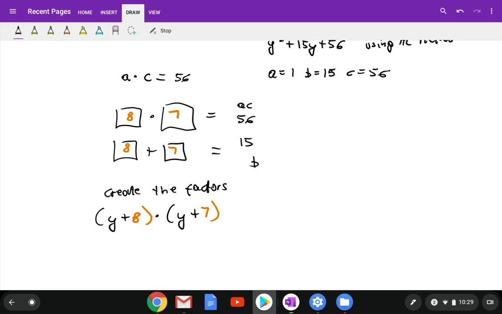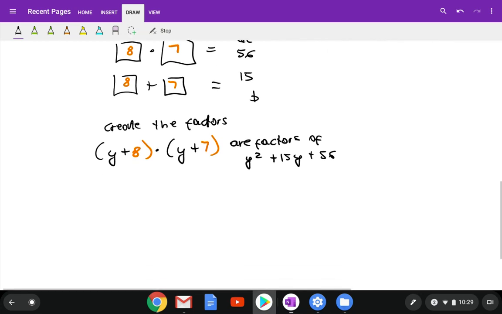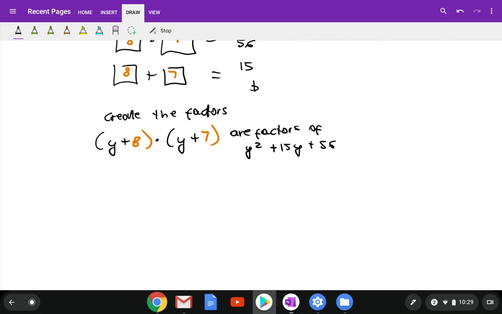Y plus 8 times y plus 7 are factors of y squared plus 15y plus 56. Next, this is not the end. Step 3, rewrite the original problem.